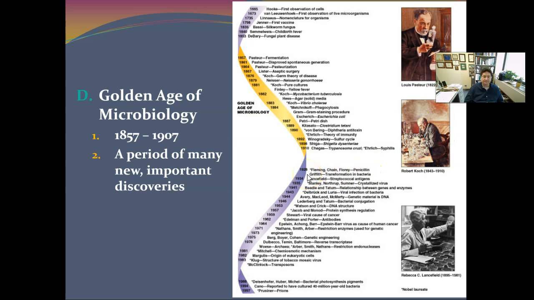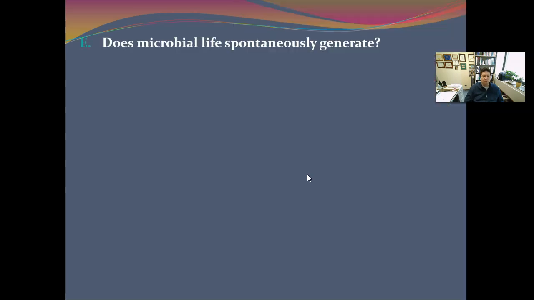All right, so one of the things that came out of the golden age of microbiology is answers to age-old questions like, does microbial life spontaneously generate? Okay. Now, spontaneous generation was an ancient belief and actually lasted all the way up to about the 1860s and a little beyond.